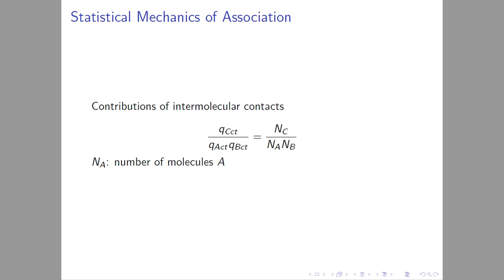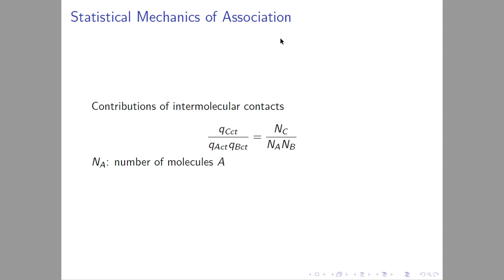The first one is the intermolecular context. So the partition function is equal to Q_CT over Q_AT Q_BT, equal to N_C over N_A and N_B.